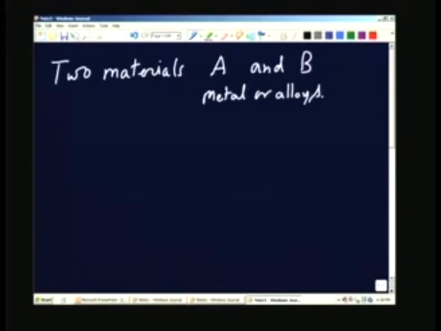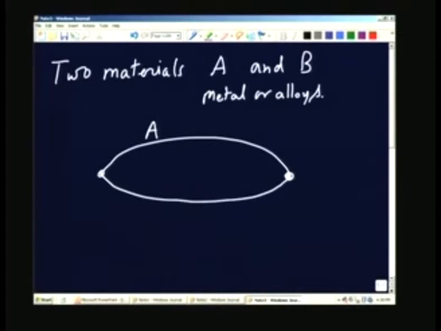And let me consider a simple circuit where we have the two materials connected to form two junctions. This is wire A, and I have shown a junction deliberately by a blob there, and this is material B, and this is temperature T1, this is temperature T2, T1 not equal to T2.